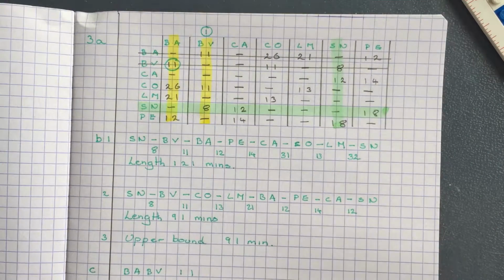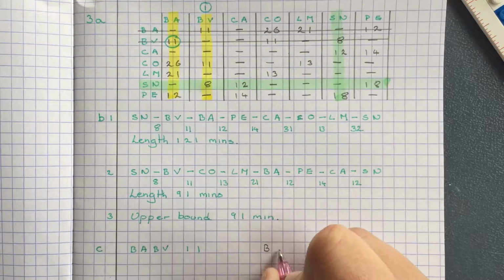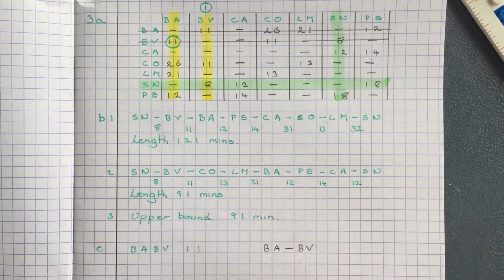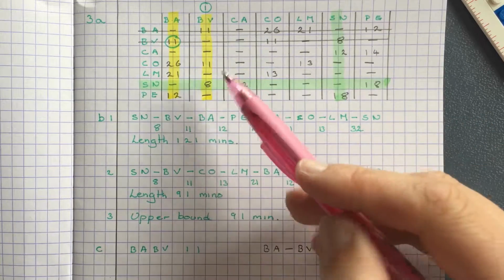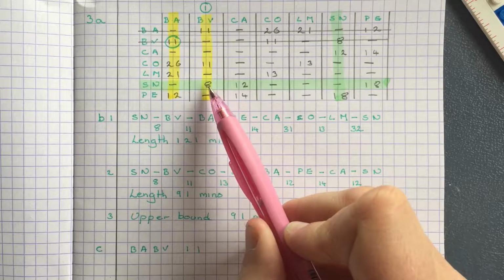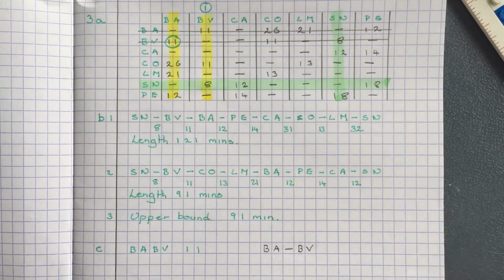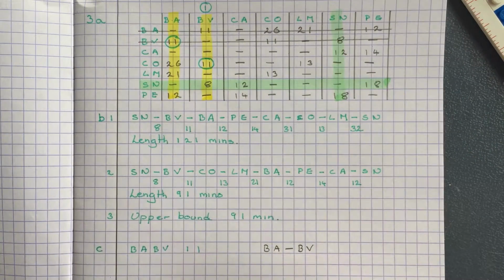If you're a person that draws the network at the same time, then you've got BA goes to BV. So we are now looking for the next smallest thing that is highlighted and not crossed out. We've already lost this 8, so we can't worry about that. But we have this 11 that is here, so we can use that one.